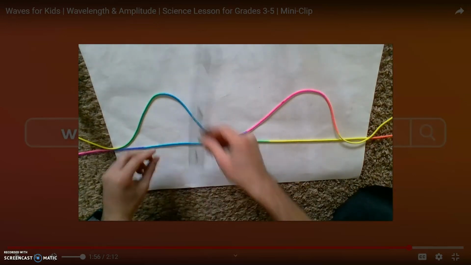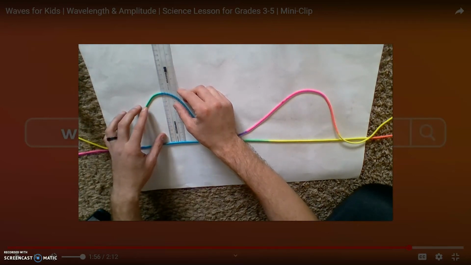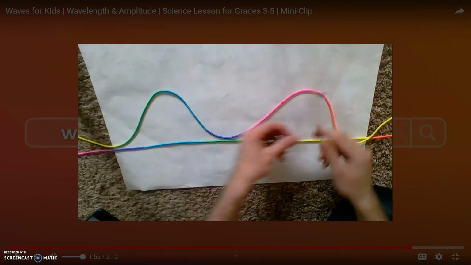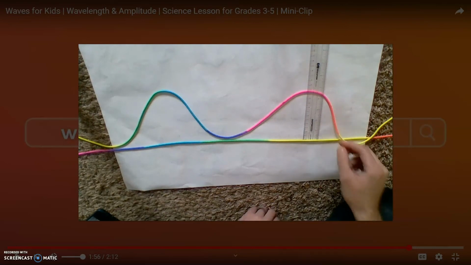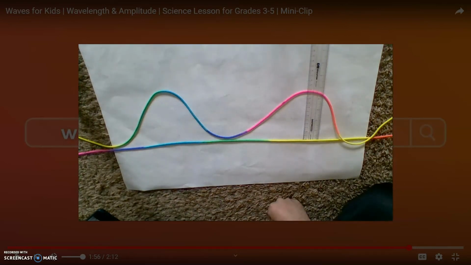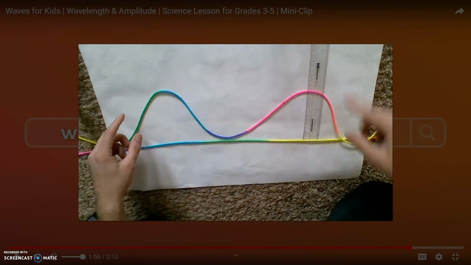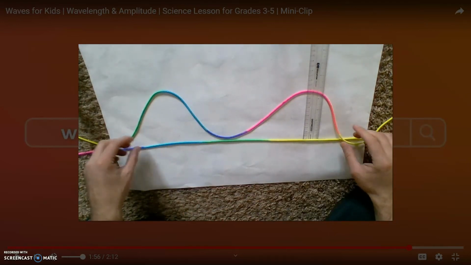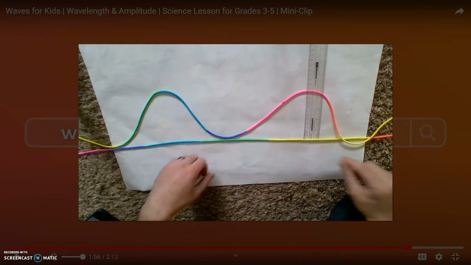You can also measure it in centimeters, depending on what your standard unit is. So we have 12 centimeters. And this one here is just under 12 centimeters. Now, you practice taking a rope and making different waves and finding the rest position and measuring from there.